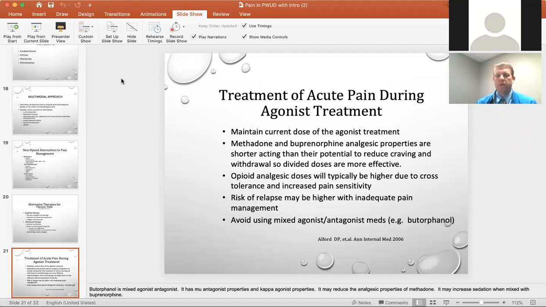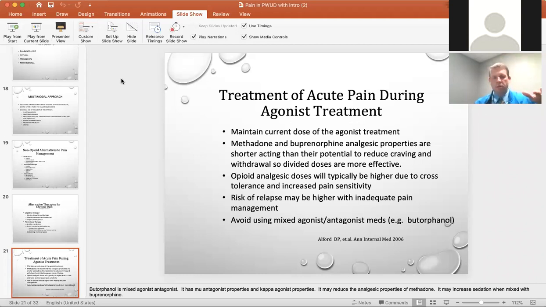The patients getting buprenorphine or methadone can and should get opiates as needed. The primary thing is that they clearly have a higher tolerance, and getting analgesia requires higher doses than in patients who are not tolerant. That's one of the main things to remember in all of this.